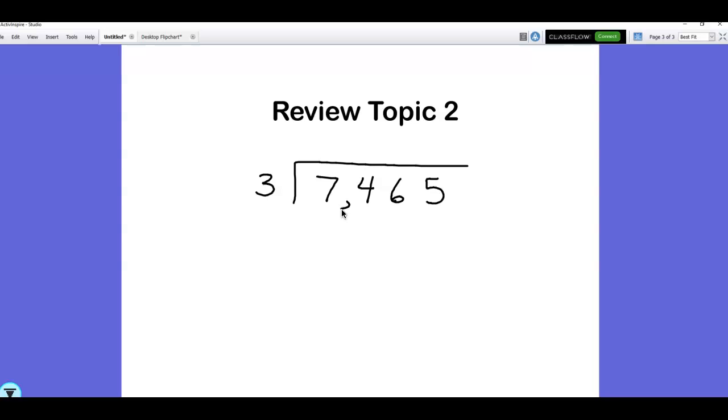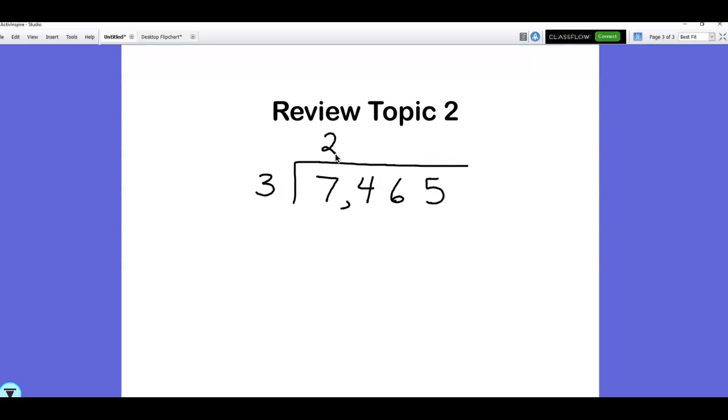So, who remembers what to do here? Okay, go ahead. So, you see if 3 can go into 7, and it can, so you put the 2 over the 7. Okay, good. So she said you put a 2 over the 7. Now, why did she choose 2, by the way?